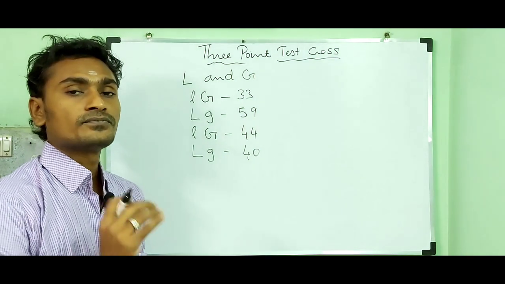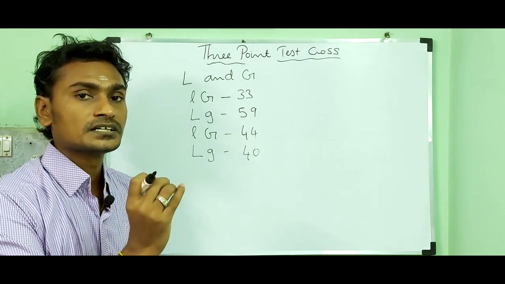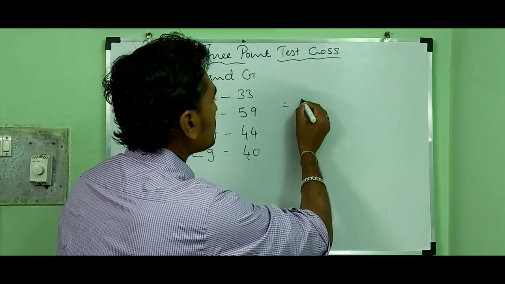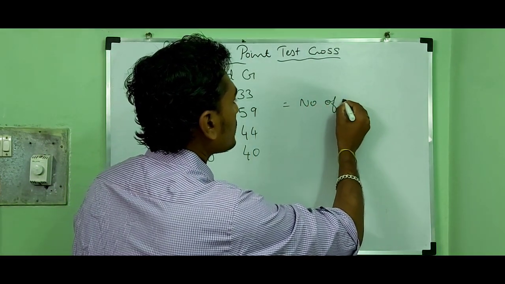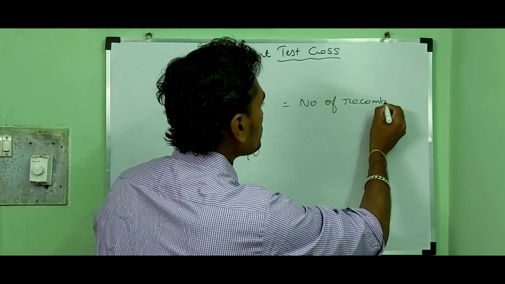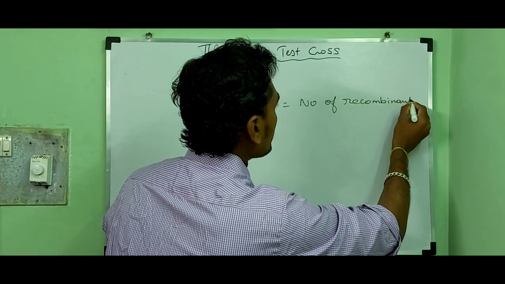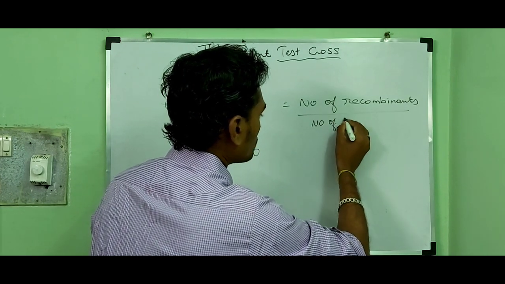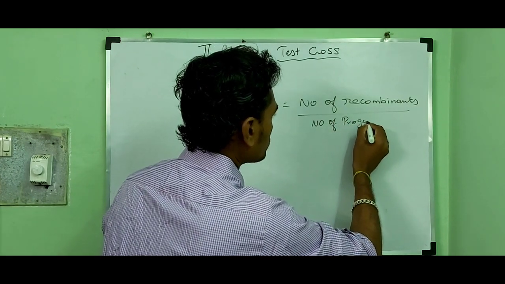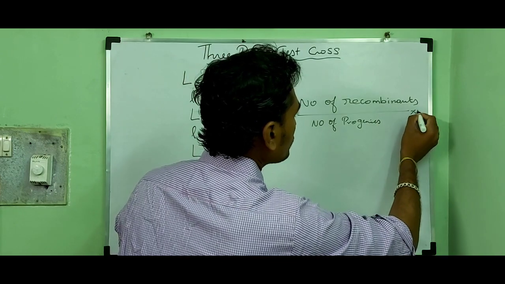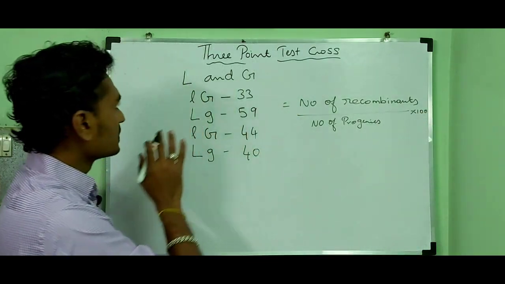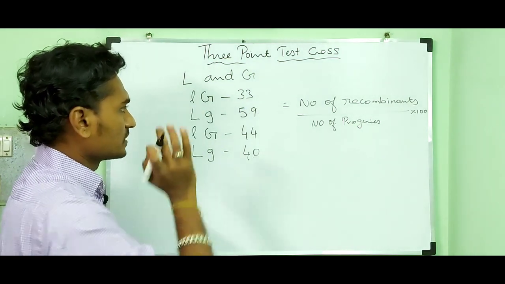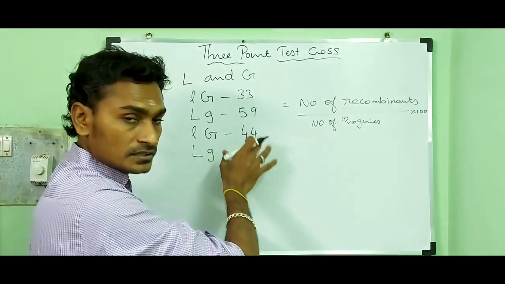The formula for calculating the recombination frequency is the number of recombinants divided by the number of progenies, times 100. Here we have 33, 59, 44, 40, and these are all recombinants.